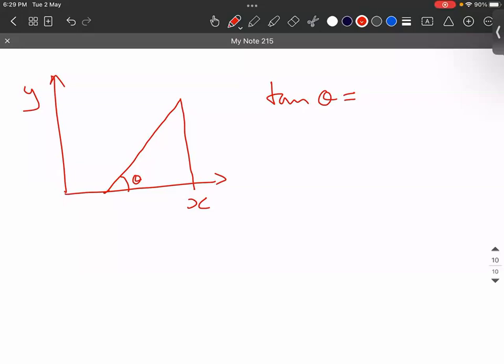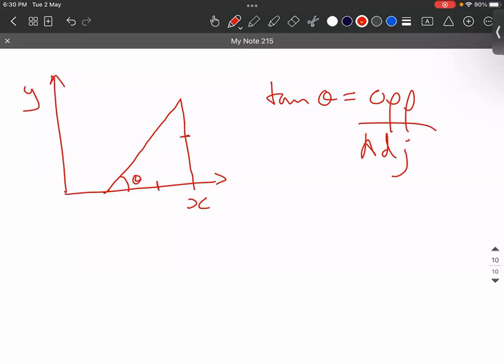Opposite side by adjacent. So what is going to be my opposite? This side. And this is going to be my adjacent.